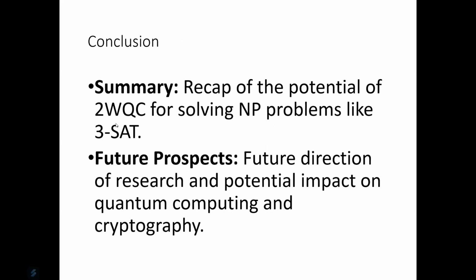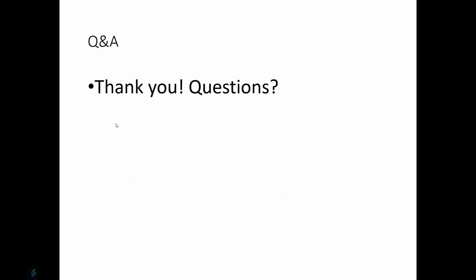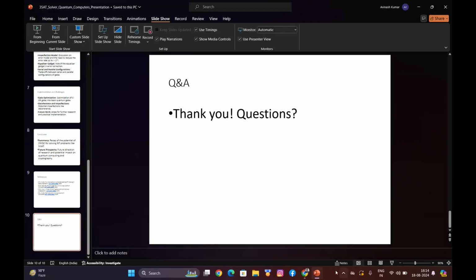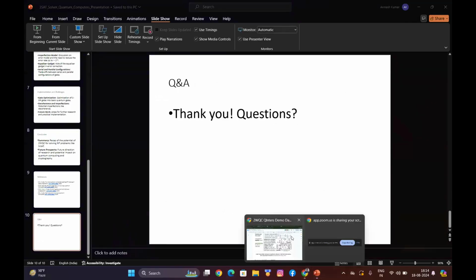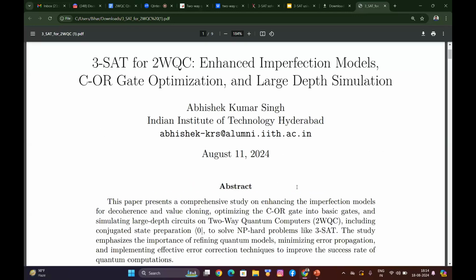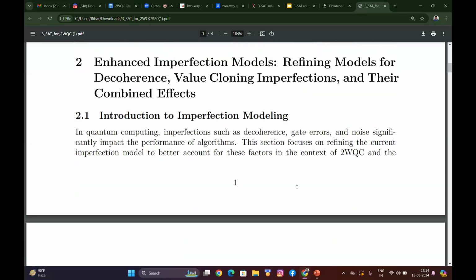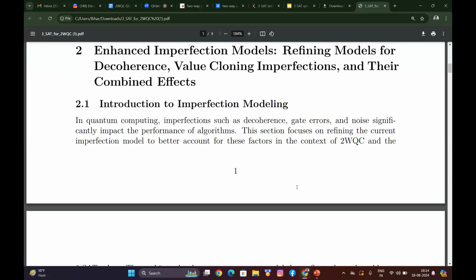We will have a look at the future prospects. This is the reference which I have been using. Yeah, this is the work into which I have already put my time and effort.